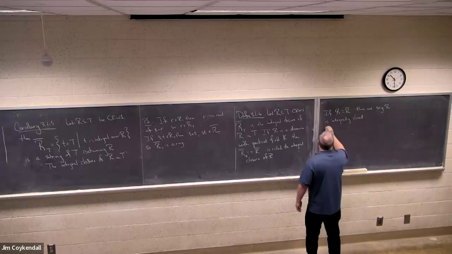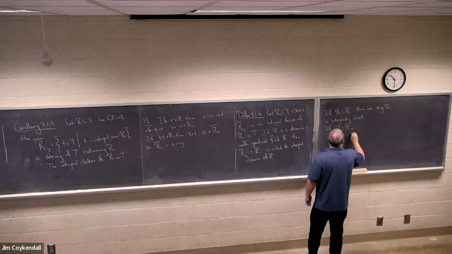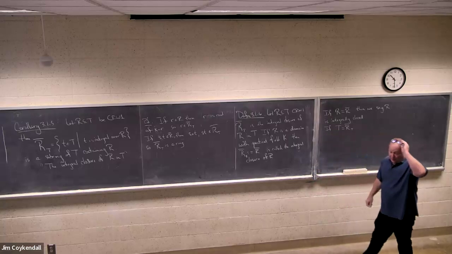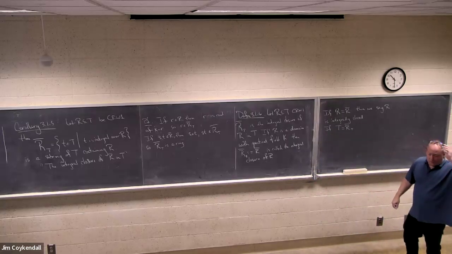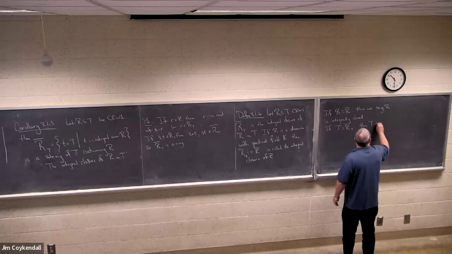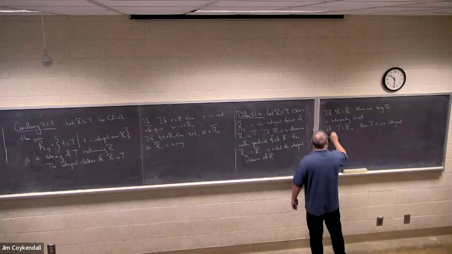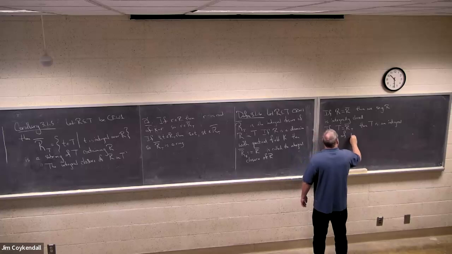And if T equals the integral closure of R in T, that is to say, if every element of T is integral over R, then T is an integral extension of R.